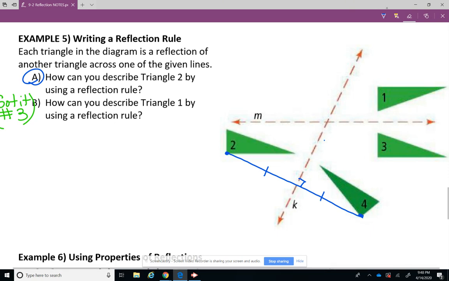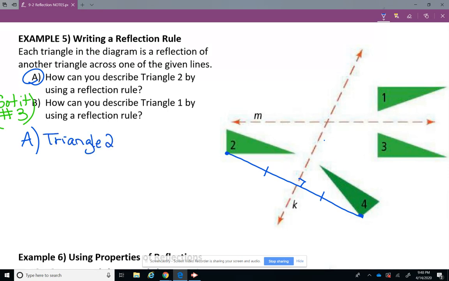How can you describe triangle 2 by using a reflection rule? All right, so this is what we're going to do. A, we're going to put A below. We're going to say that triangle 2 equals a reflection over line K of triangle 4.